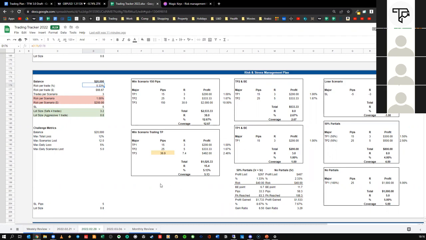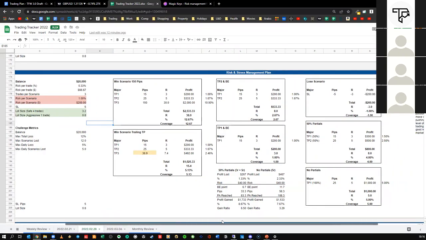So this is why splitting it into 3 trades makes it a bit better for your psychology as well. So that is the parameters that I've used. And when I talk about a scenario, it's actually 3 trades in one. I'll come on to how you can actually manage that in reality, because it is very easy to do.